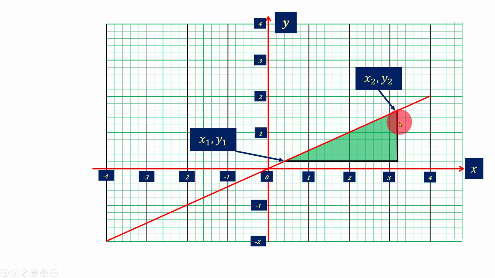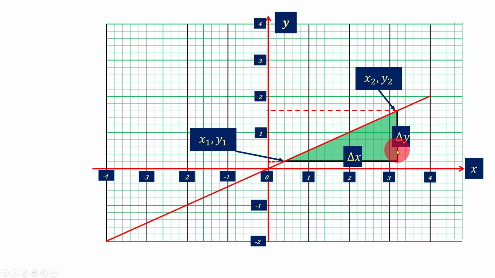We get the change in the value of y divided by the change in the value of x. For us to do that, we'll need to read this value accurately and this value accurately because it's going to give us the change in y, and then read this value accurately and this value accurately because it's going to give us the change in x. This symbol here, this triangle with a y, is read as delta y, delta x.